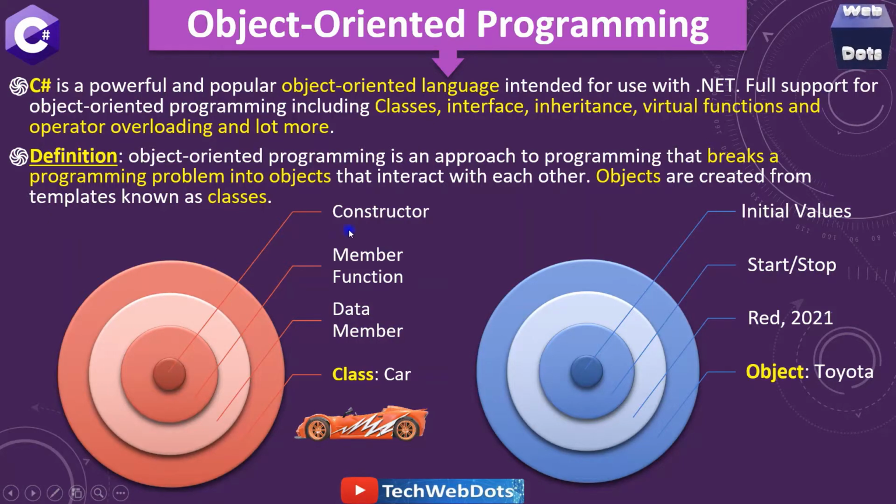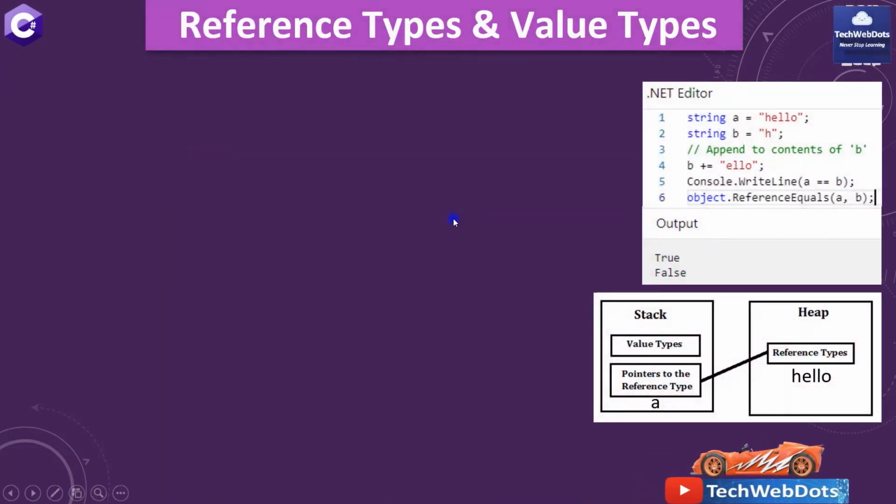And the innermost one, the constructor, we use for initializing the values. I will explain in detail what a constructor, member function and data member are, but this is just to summarize what exactly a class looks like and how its object looks. Don't worry, I will show you in the Visual Studio editor as well.